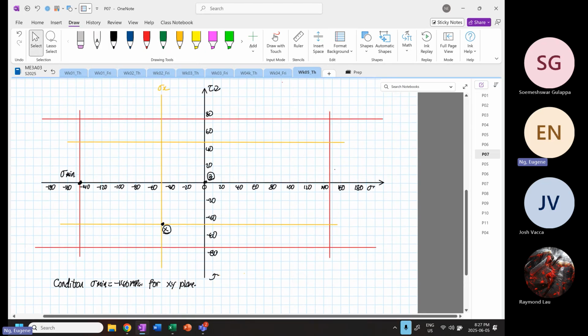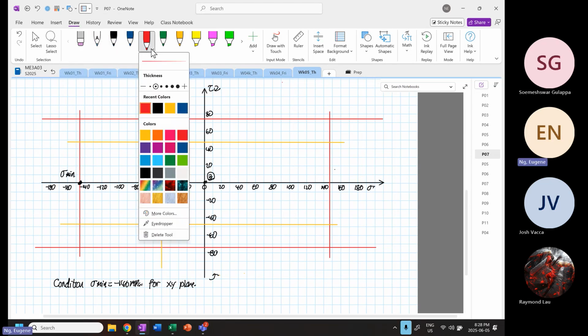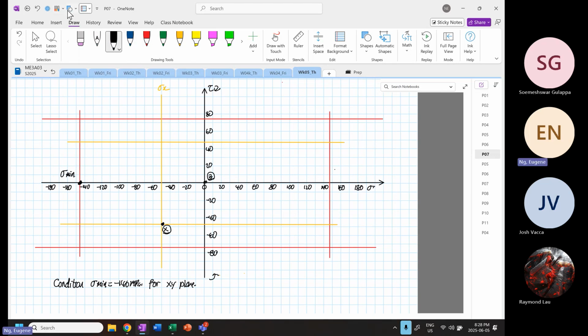So I'm going to draw a circle that is not in the XY plane. The circle that I'm going to sketch now, I'm going to use a different color.